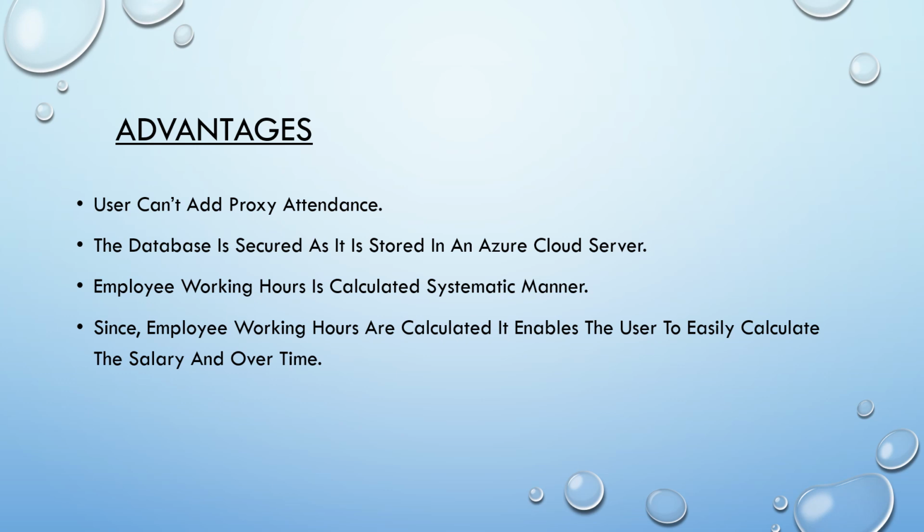So if an employee's working hours are 8 hours and he works overtime, we can calculate the overtime he has done, which helps in incrementing the salary or bonuses. So that is the next point: employee working hours are calculated, and it enables the user to easily calculate the salary and overtime.